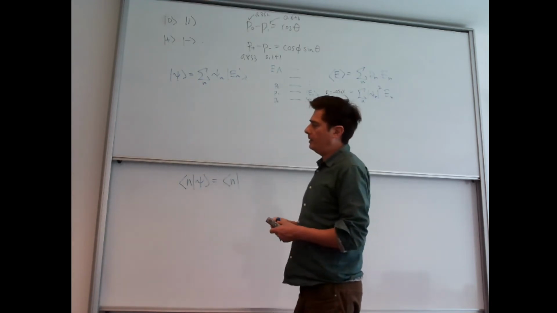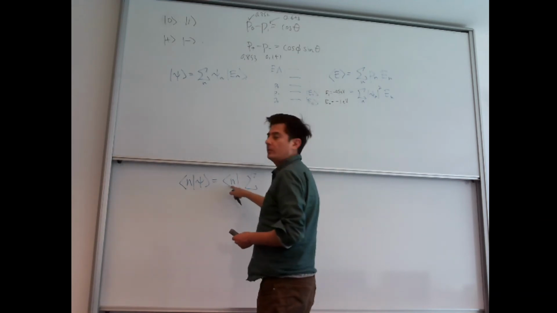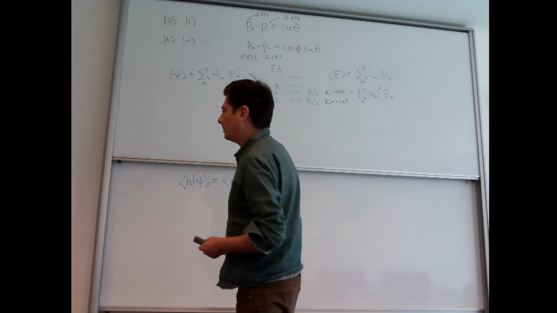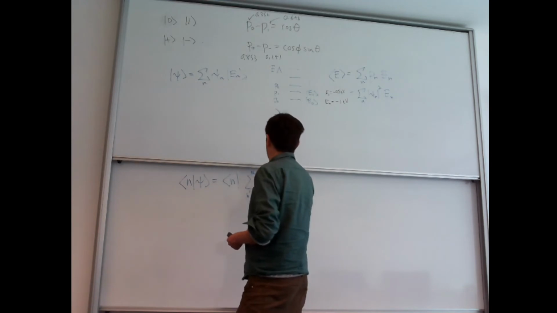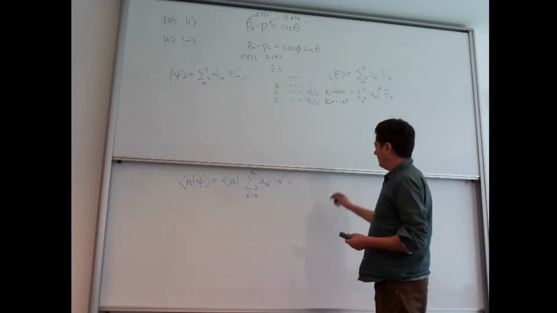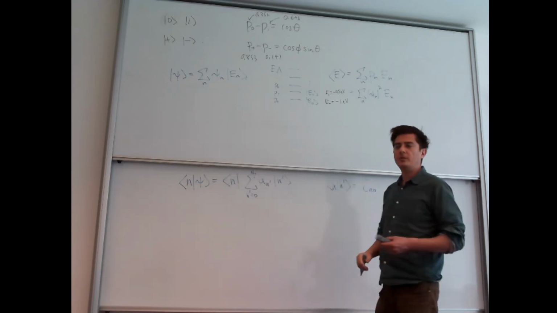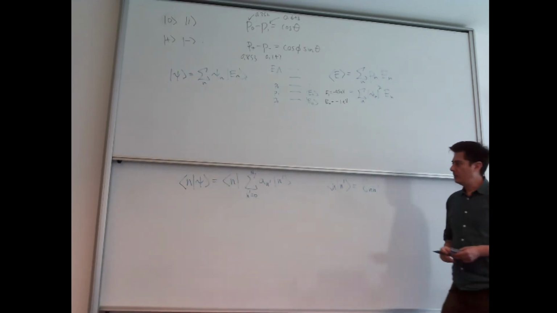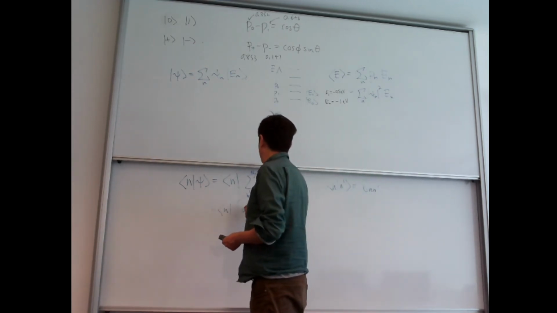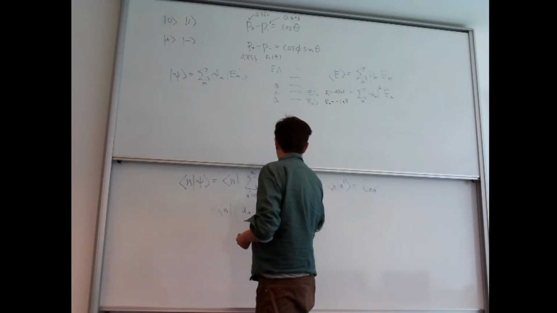So psi, I've written it as a sum over these things, but we've already used the variable n, so we better use a different variable. So let's call it n dash. And these states are orthogonal, right? They're orthogonal and normalized. So this will be like a0, a1, a_n, n.